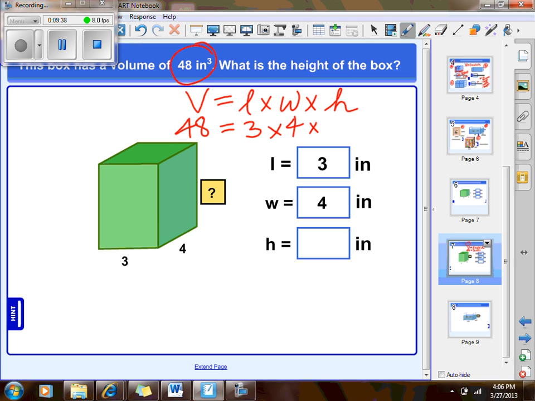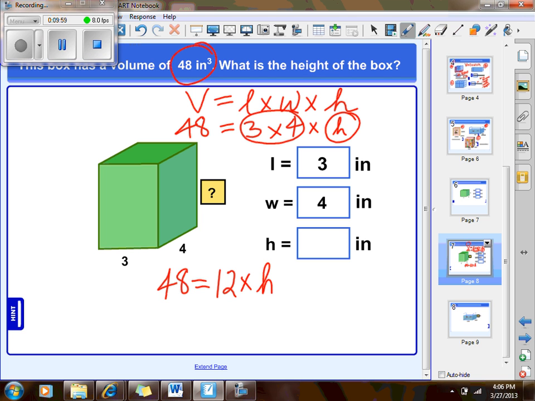We don't know is what our height is. So the first step in solving this problem is to multiply the two we know. So if I do that, and I'm going to jump down to the bottom of the page. So I can have 48 equals 3 times 4, which is 12, times, we still don't know the height.